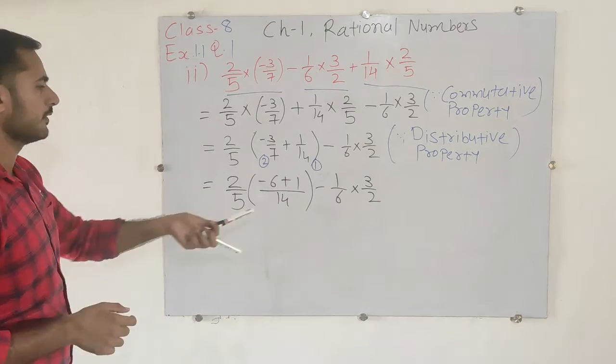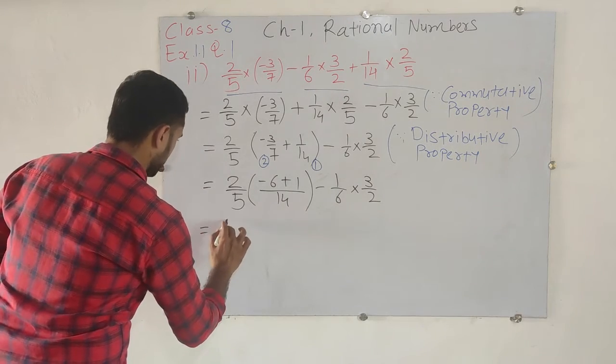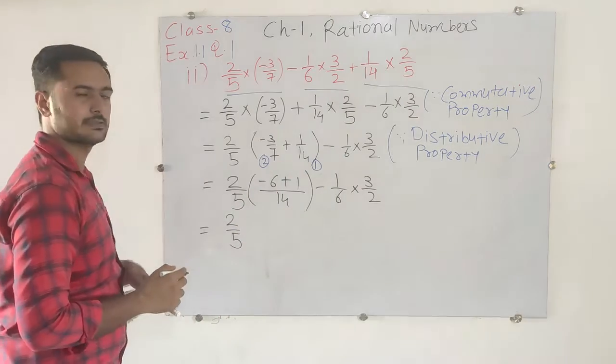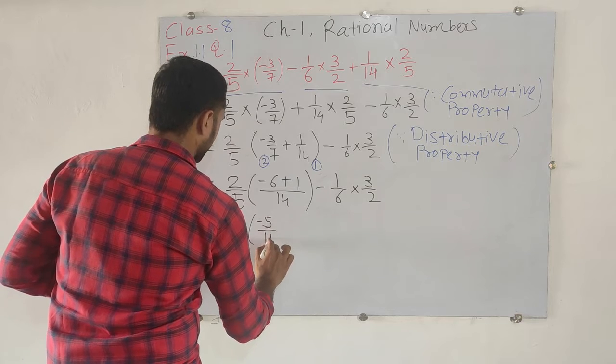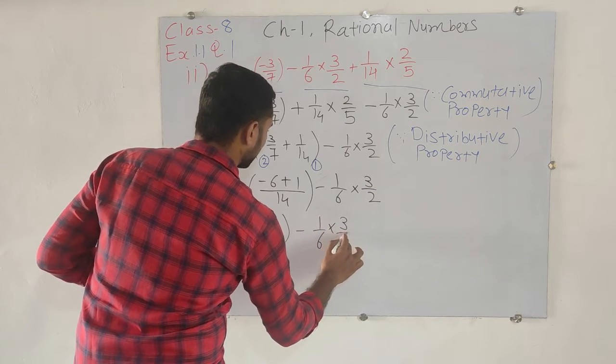Now in the next step we will solve this bracket. So it will be 2 by 5 into minus 6 plus 1, that is minus 5, so minus 5 upon 14, minus 1 by 6 into 3 by 2.